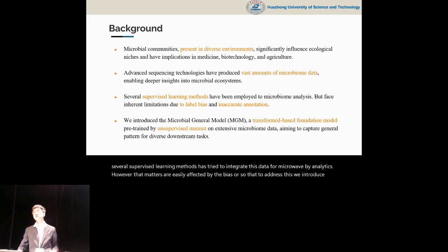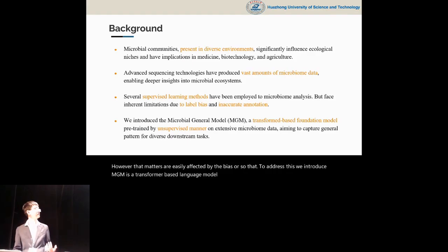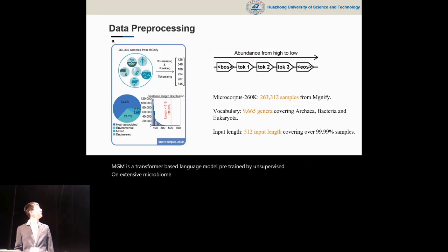It's a transformer-based language model pre-trained in an unsupervised manner on extensive microbiome data. We first assembled a large data corpus called MicroCorpus 260K, which contains about 260,000 microbiome samples downloaded from MGnify.